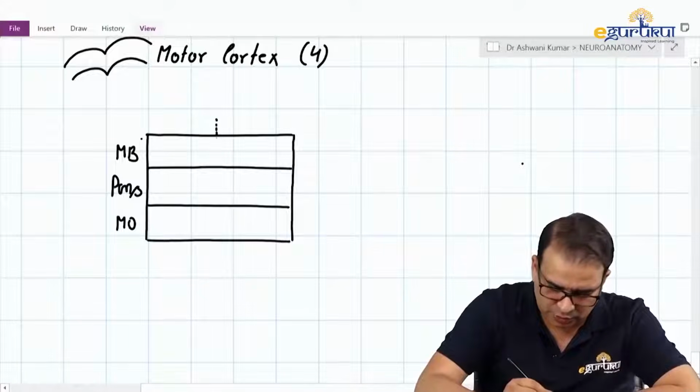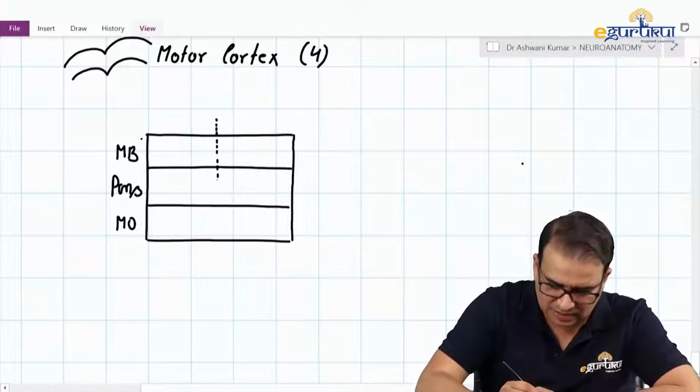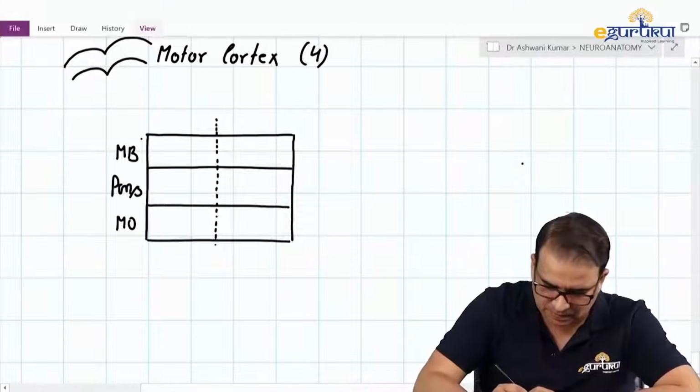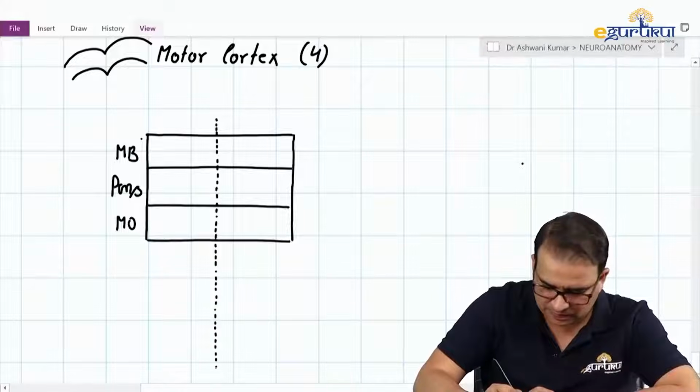I would again draw a midline passing through the brainstem and extend this downward all the way to the spinal cord.